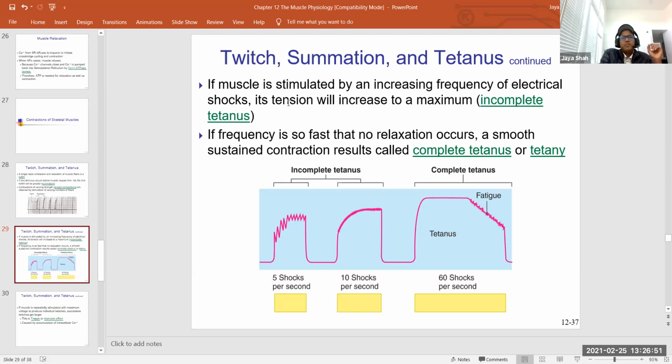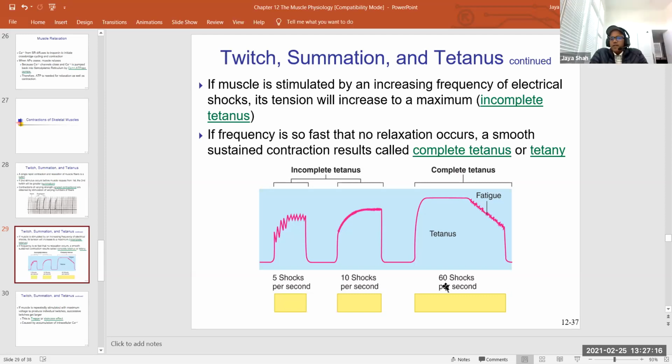Okay. Professor, I have a question. Is it only shocks that can cause tetanus, or what's a real life event that can cause tetanus? When you do this lab, you give the electrical shock. But in real life, what happens? Let's say I'm lifting a heavier thing.